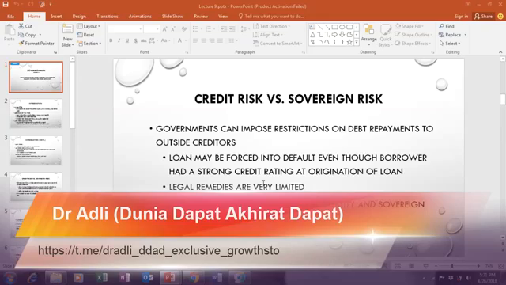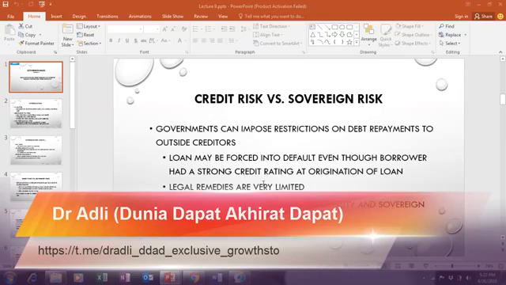And the loan may be forced into default, become NPL, even though the company is actually a very good company, because of the controls, because of the policies being imposed. Because the company cannot just pay us, then our loan will become NPL, right?